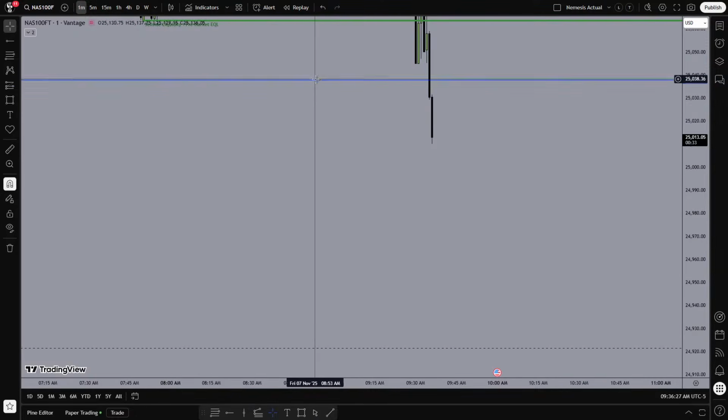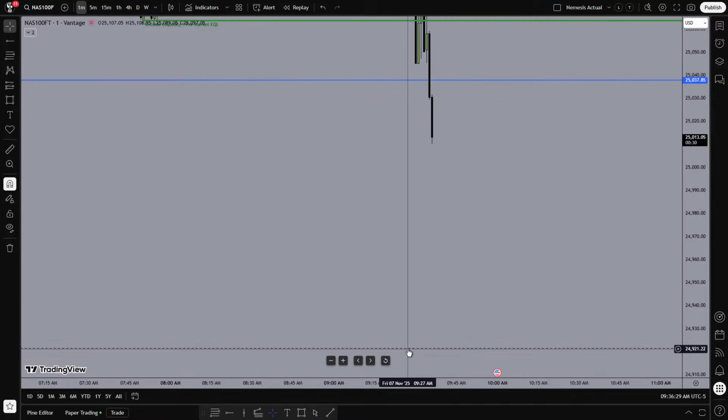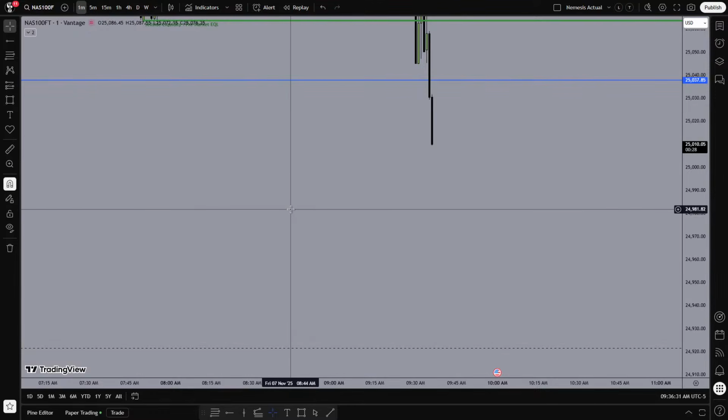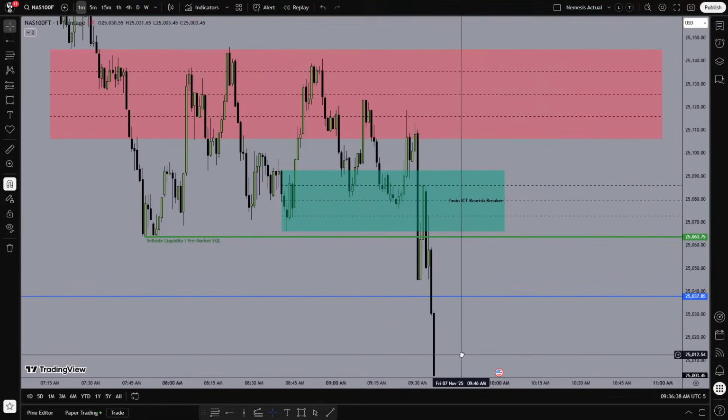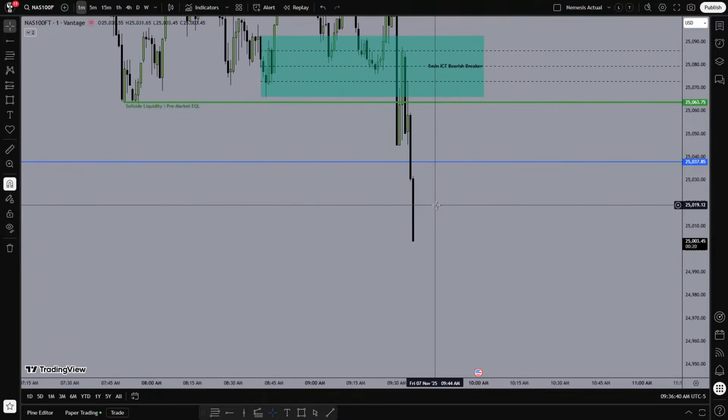So between this line to that, you can also find consequent encroachment, and that'll be the upper quadrant of that wick. So that is the next objective for now.